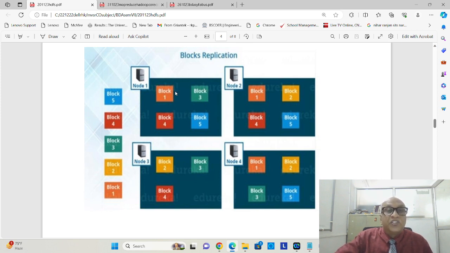Block 1 is stored in node 1. Similarly, its replica is stored in node 2. Similarly, its replica is stored in node 4. It means what? Block 1, by default in Hadoop, as the replication factor is 3, you can see there are 3 copies of block 1. Similarly, you can have 3 copies of block 2, block 3, block 4 and block 5 also.